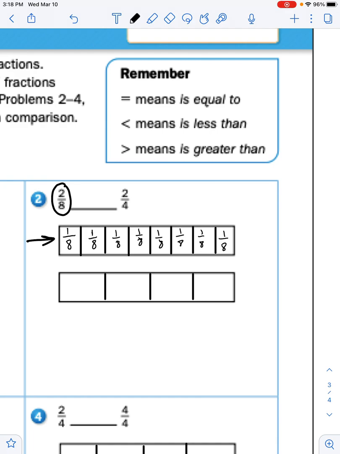And then you get to shade in however many are in the numerator place. So that 2, you would shade in 2 of those 1/8, and then do the same with fourths. You're going to write 1/4 in each of those, and then shade in 2 of the pieces and see which one is greater. See if 2/8 is greater than, less than, or equal to 2/4.